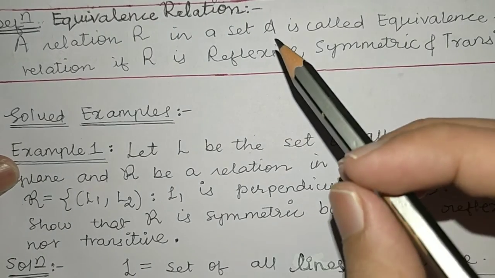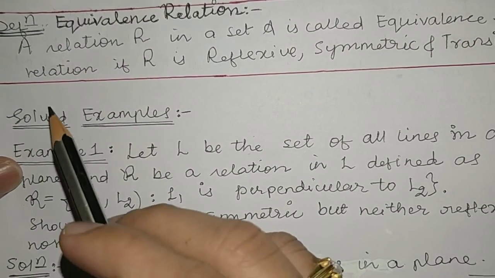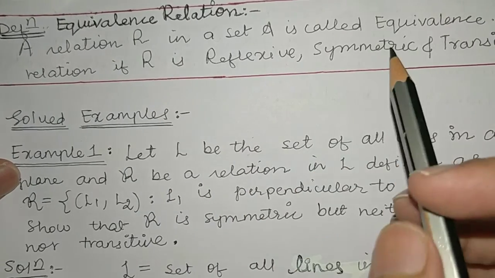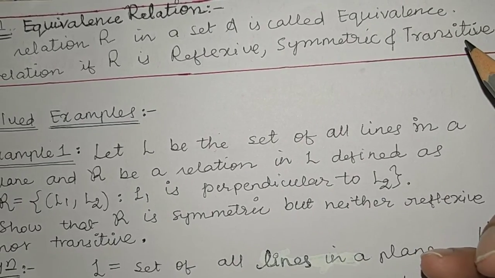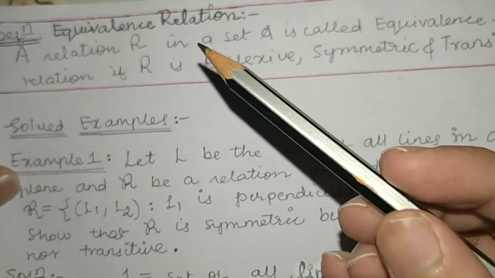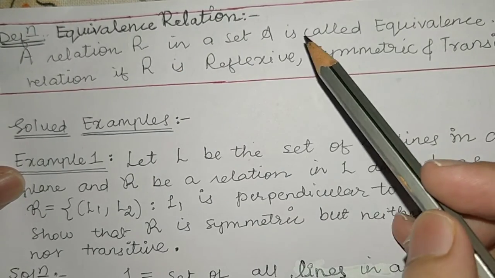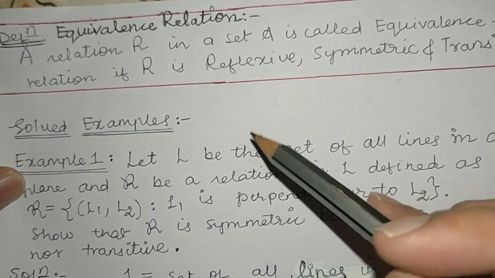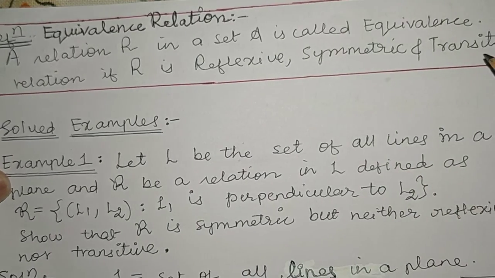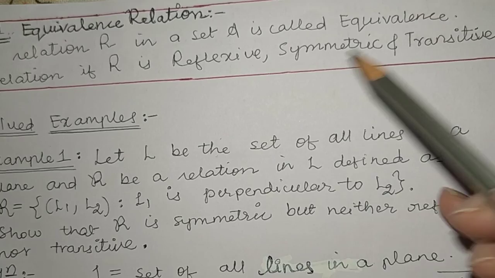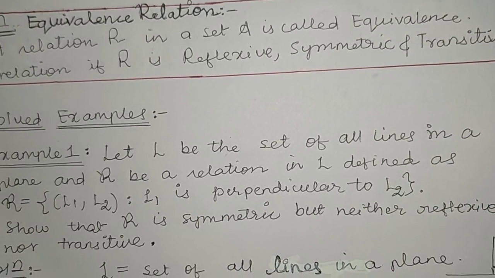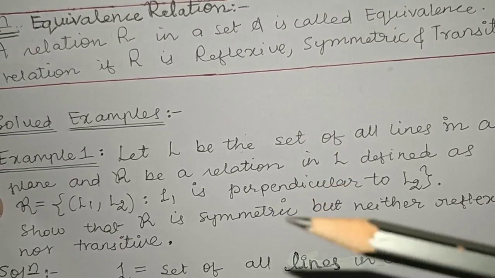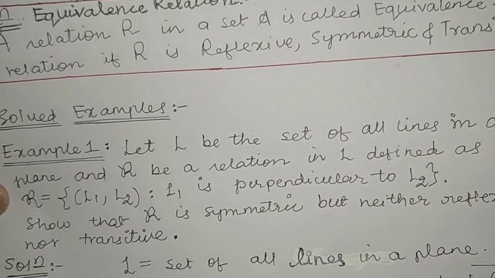A relation R in a set A is called an equivalence relation if R is reflexive, symmetric as well as transitive. That is, R satisfies all the three relations. Then we say R is an equivalence relation.